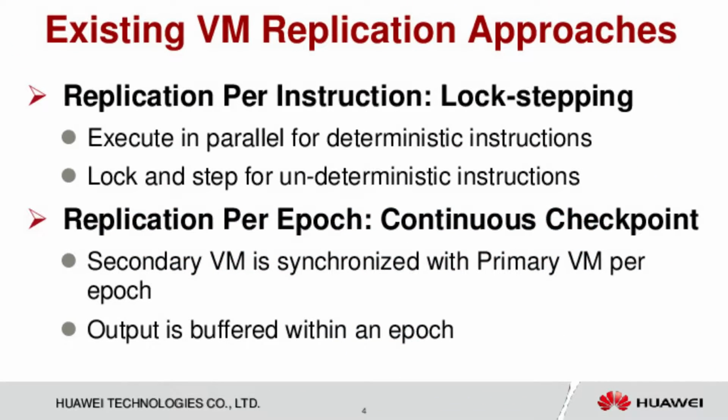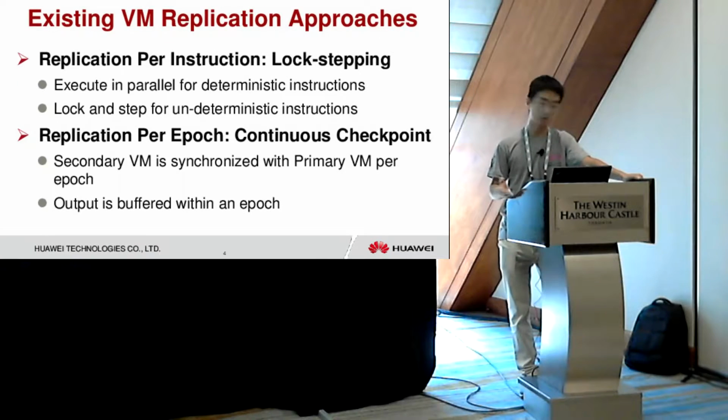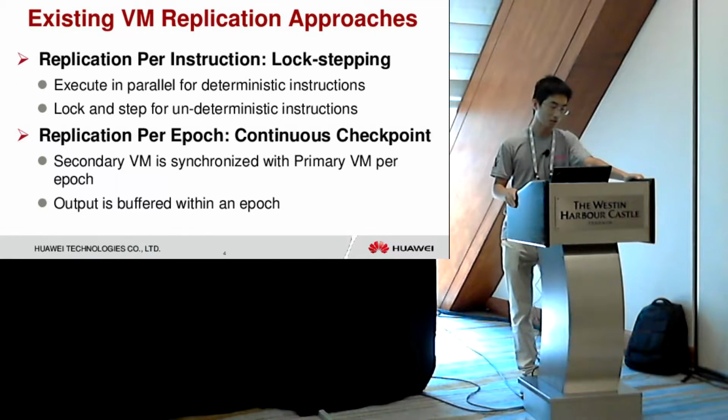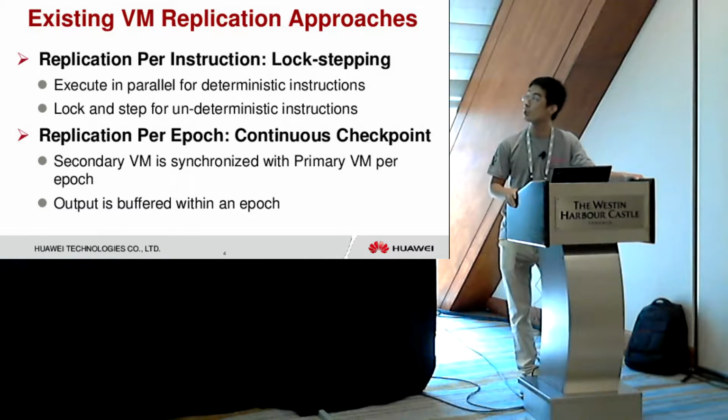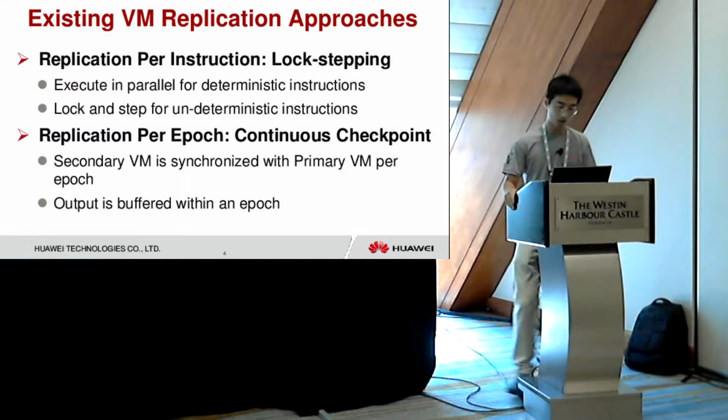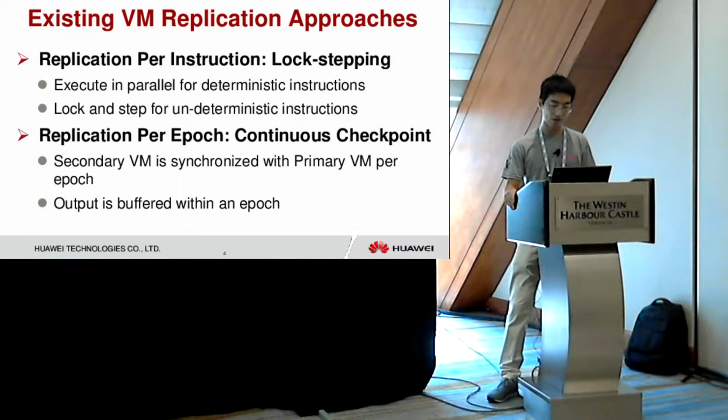So generally speaking, there are 2 kinds of VM replication approaches. The first one is lockstepping. It is an instruction-level lockstepping method. In this approach, the PVM and SVM execute in parallel for deterministic instructions.